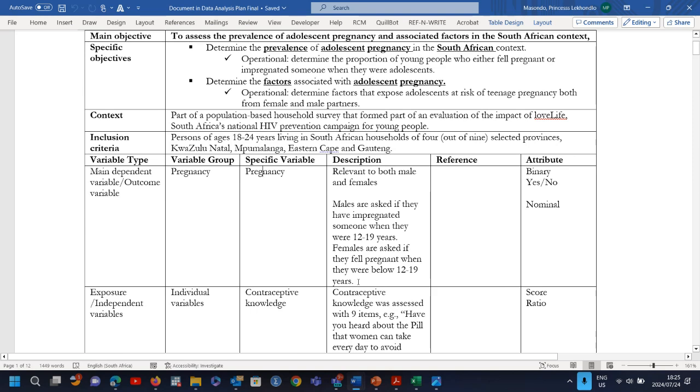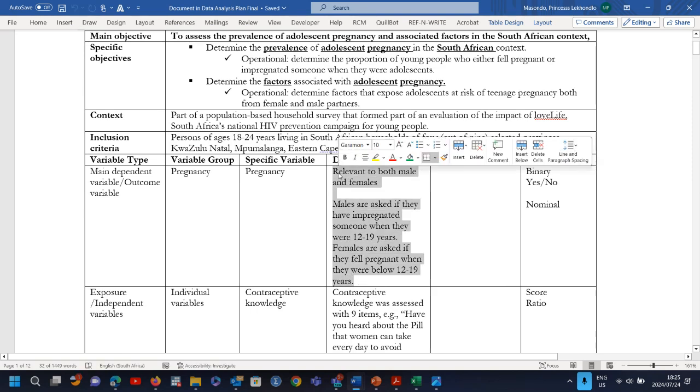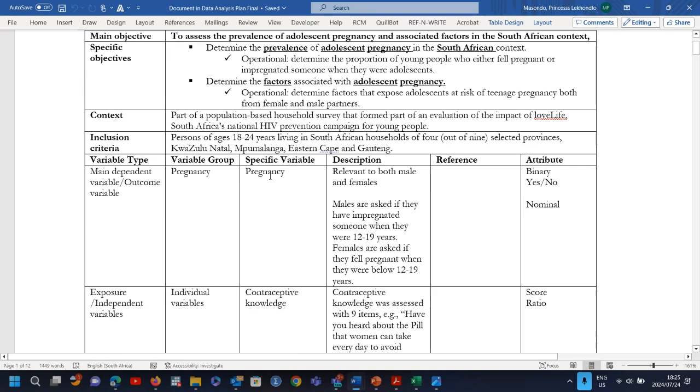You are the one who arrives at this, to say this is pregnancy, it's adolescence. For me, adolescent, I'm going to look at 12 to 19 years. So you should get to this point to say, I'm looking at adolescents, how are they defined, and what am I going to align with? And here it also gives detail that you must either have impregnated or fallen pregnant.